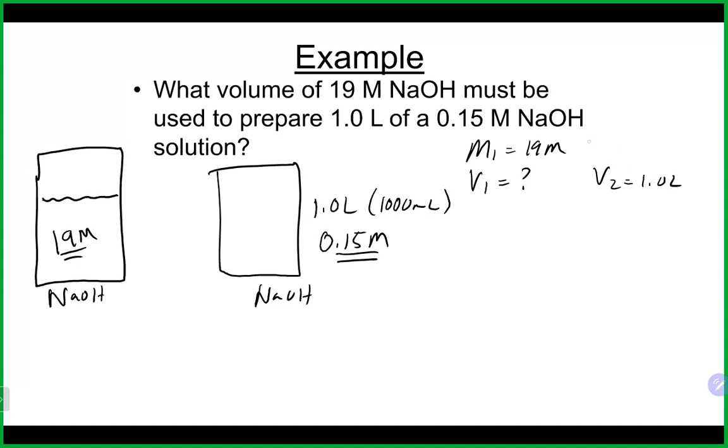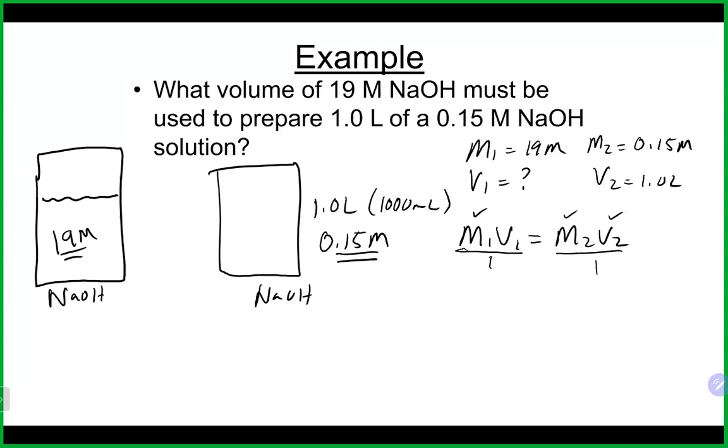And we do have an M2, which is our desired molarity of 0.15. So we can use our dilution equation, M1V1 equals M2V2. In this case, we have all these things. Although they are not technically fractions, they are both kind of put over 1.